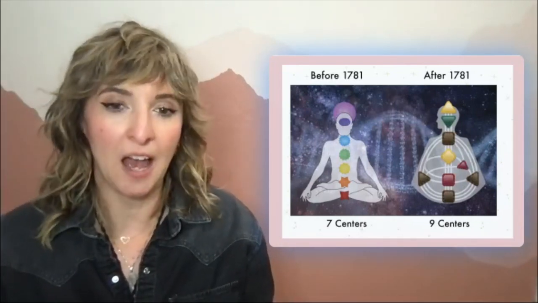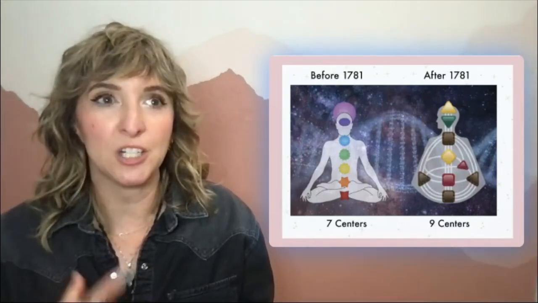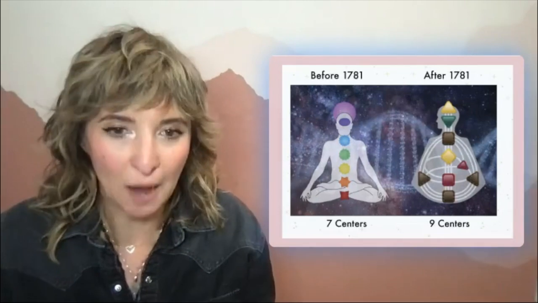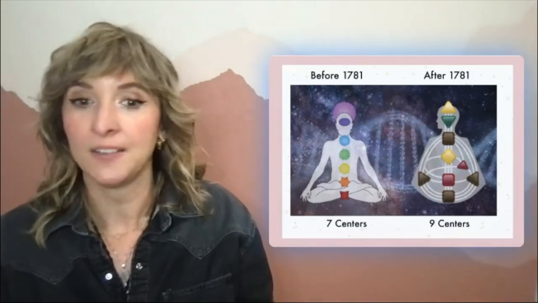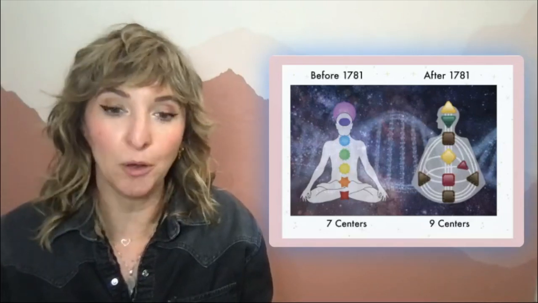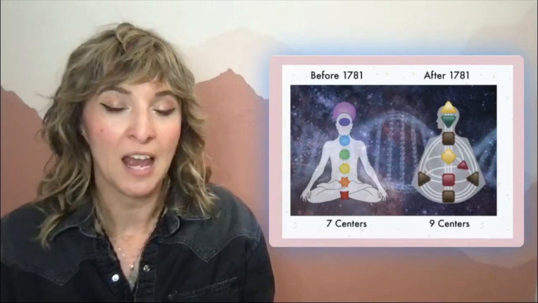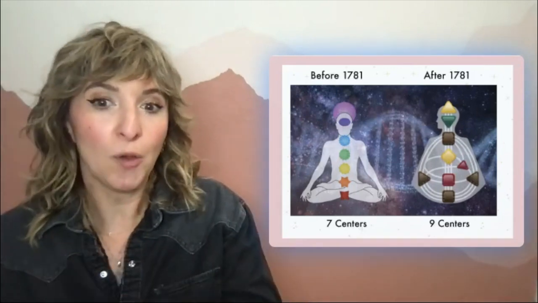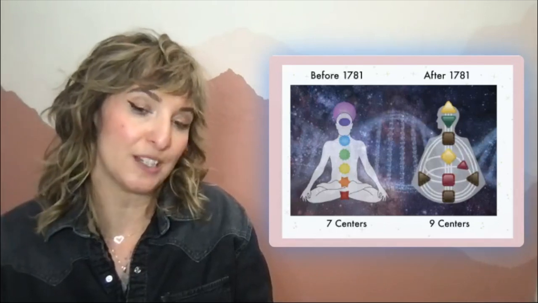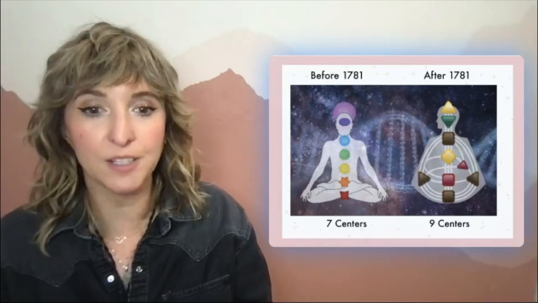And because we had this upgrade and we started living longer, we started to have to adapt to these longer lives. That's why there have been so many medical advancements around health and keeping us healthy for a longer period of time. And we are also carrying forward a lot of the old traditions from the 7-centered beings that are actually no longer serving us.